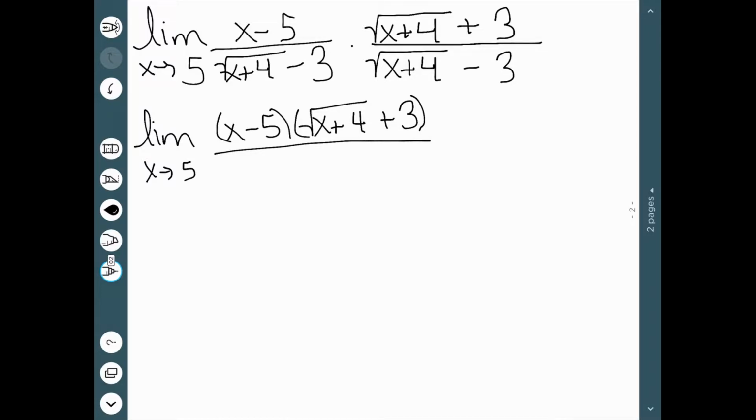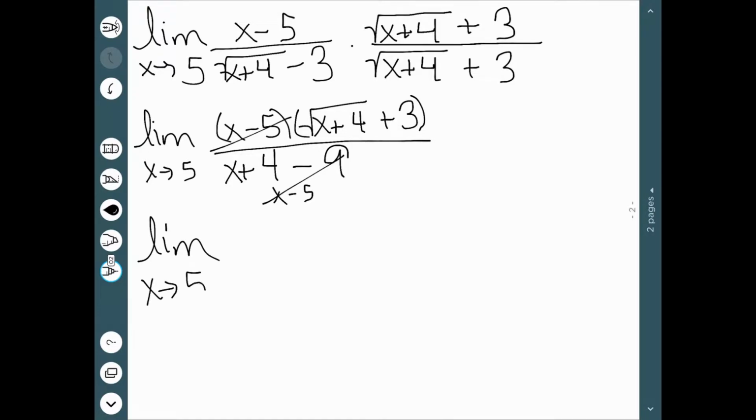However, on the bottom I am, because whenever we have a plus b times a minus b, we just square the first minus square the second. A squared minus b squared. So I'm going to square the first thing. Square root of x plus 4 squared is x plus 4, minus 3 squared, which is 9. Which you'll notice that x plus 4 minus 9 is just x minus 5. So we have things cancel again.